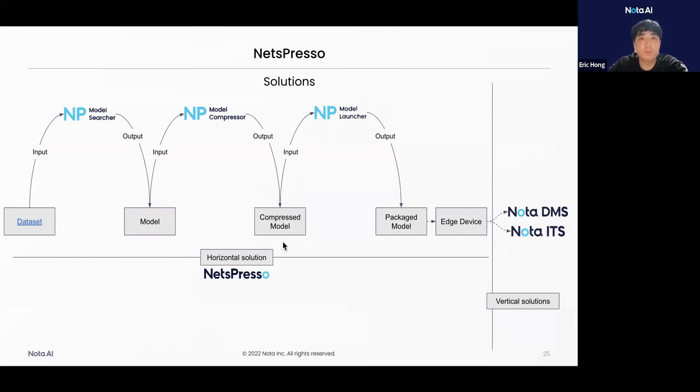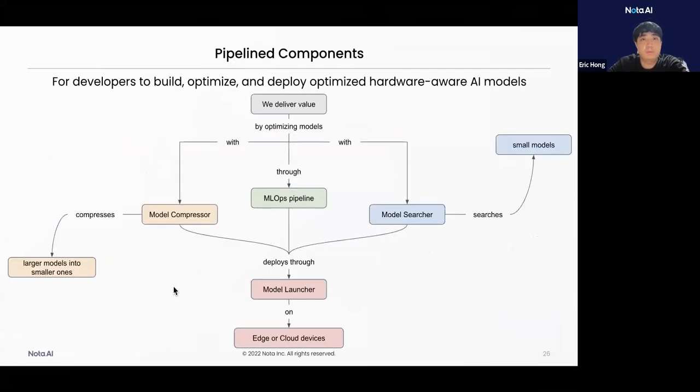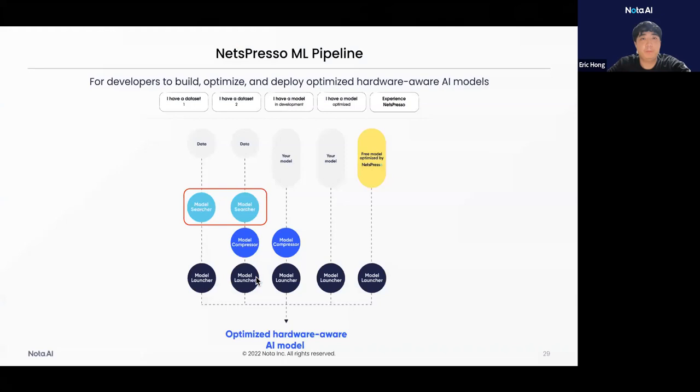This is the whole pipeline, and we provide NetsPresso with the intention for users to use our horizontal solution. Okay, so we have seen the model searcher for AI model developers. Model searcher is in this part.